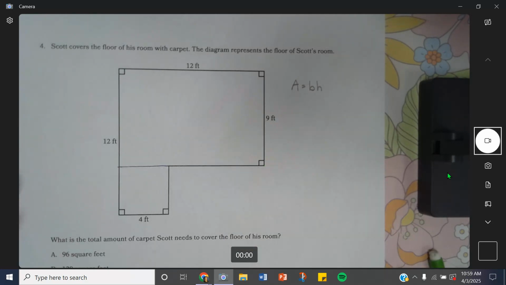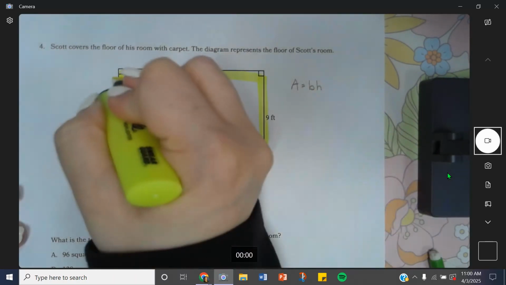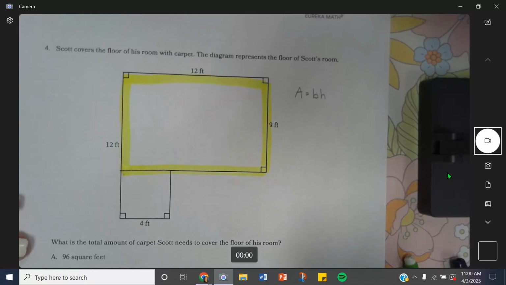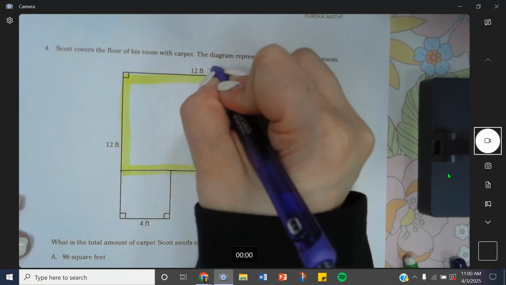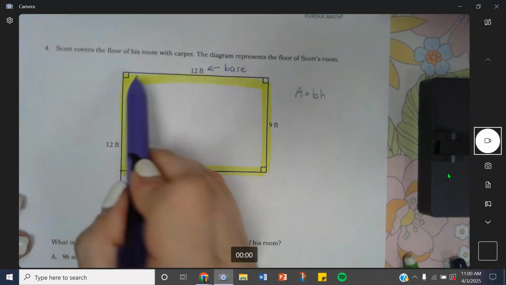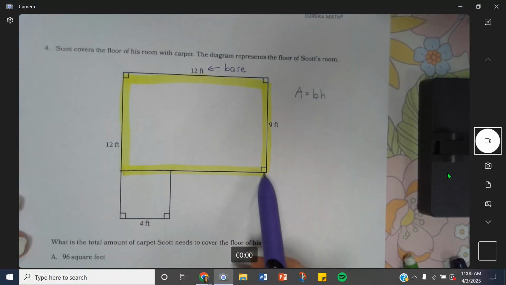Looking at just this rectangle here, we can identify our base and our height. Let's go ahead and label 12 feet as our base, because this side is the same length as this side, so we can say that's our base.